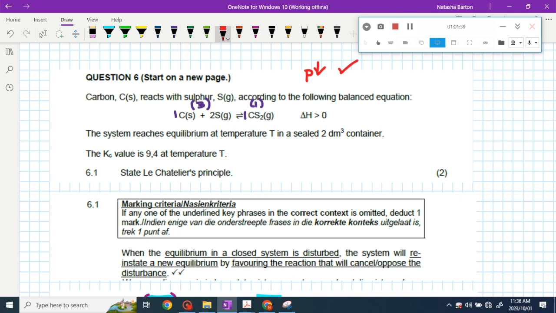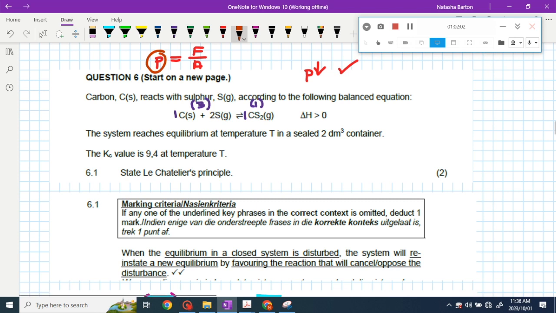Now, if we decrease pressure, guys, pressure is a measure of force per unit area. It means there's less force per unit area. So according to Le Chatelier's principle, the reaction that will be favored is the one that leads to an increase in pressure.